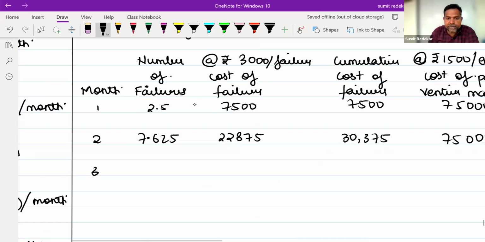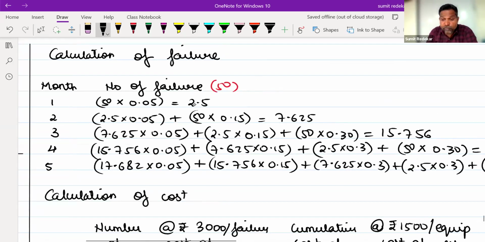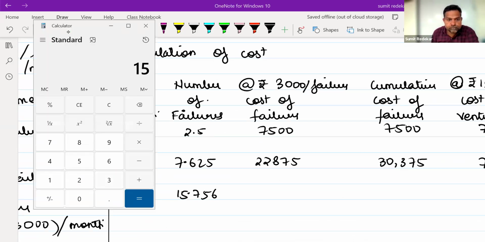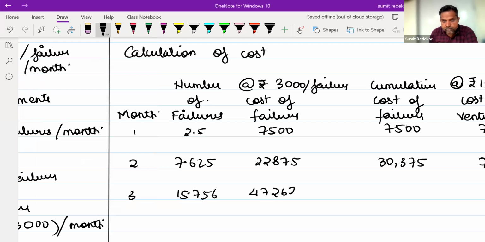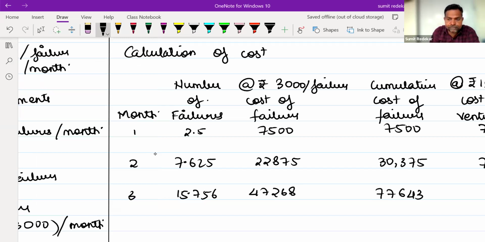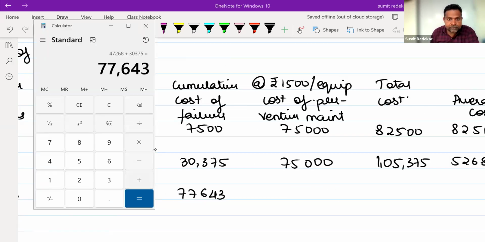Anyway, let's continue. Third period. How many breakdowns? 15.756. At 3,000, 47,268. Accumulated by adding the 30,375 to that. And that's 77,643. Add the 75,000 to that.